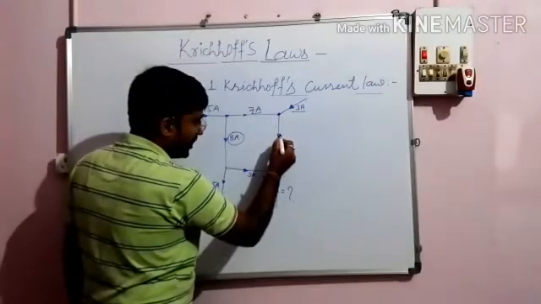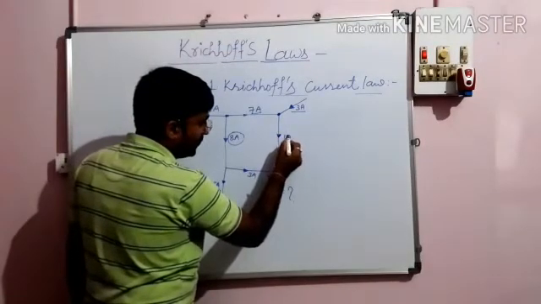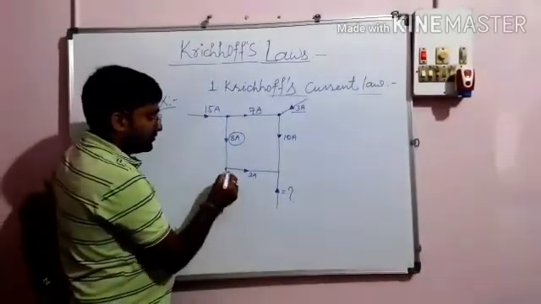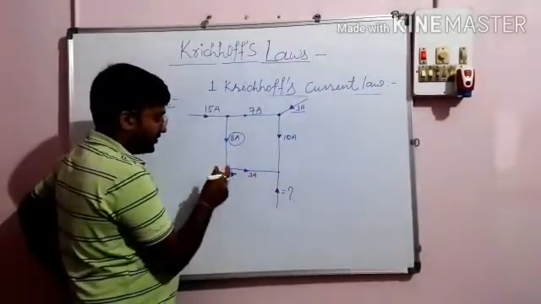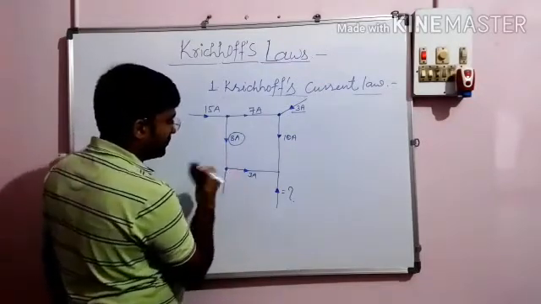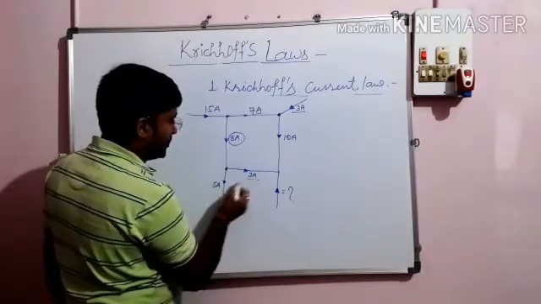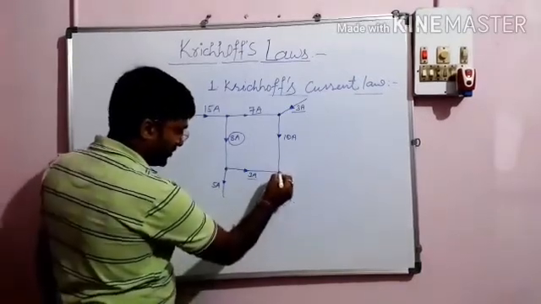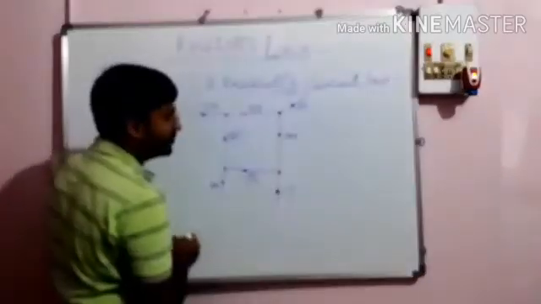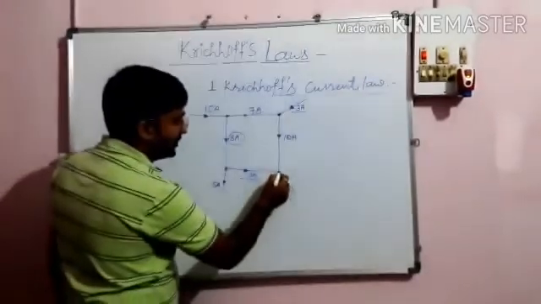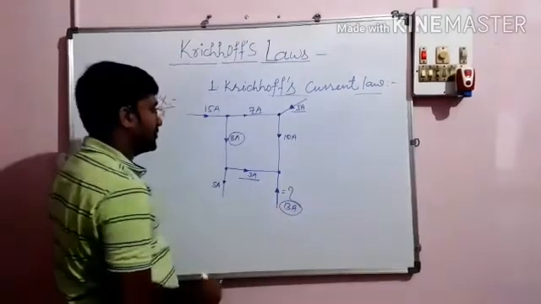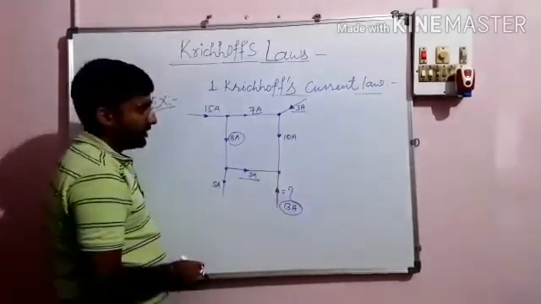Now in this arm there is a net flow of 10 ampere. Again 8 ampere current is entering at the junction, in which 5 ampere and 3 ampere are in these arms. 10 ampere is entering at this point and 3 ampere of current is also entering at this point, and the total current in this arm is 13 ampere.